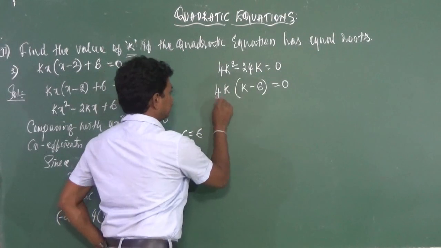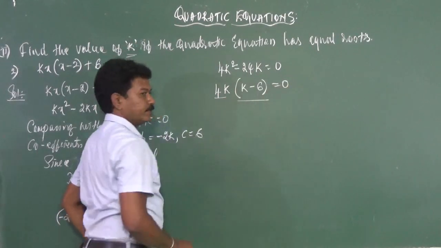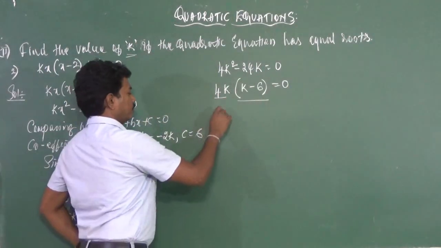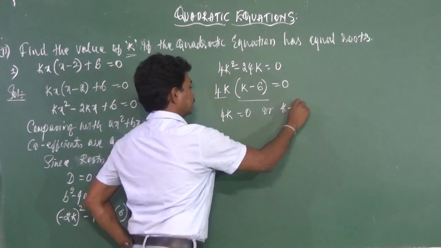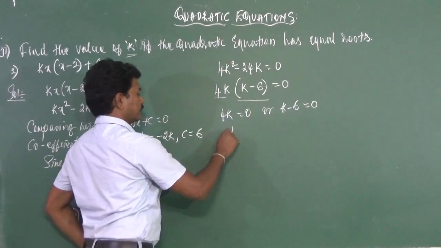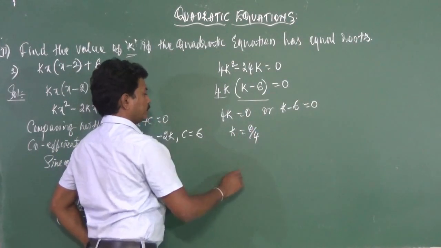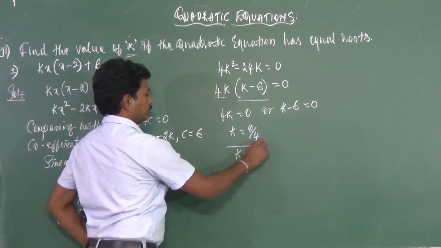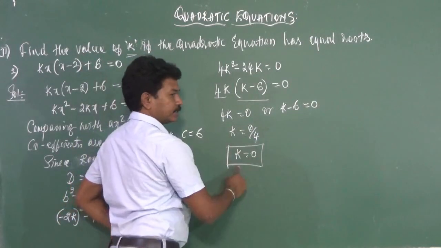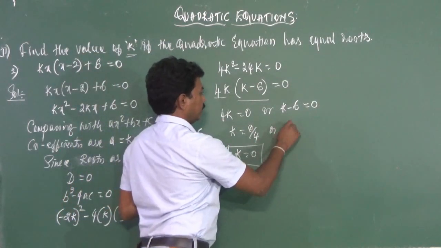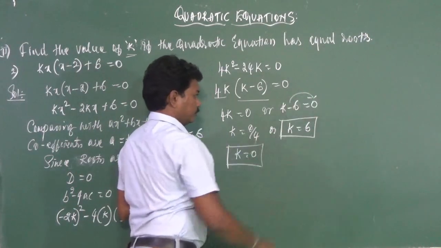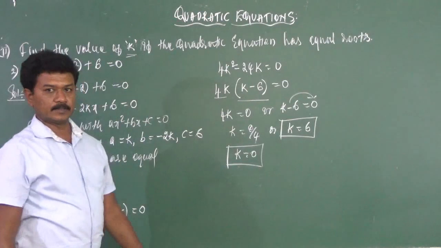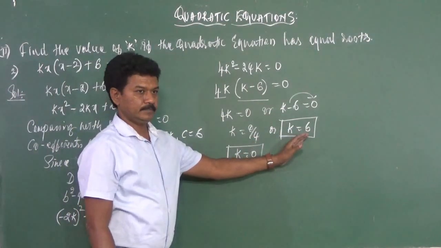Now this into this is equal to 0, therefore 4k is equal to 0 or k minus 6 is equal to 0. So k is equal to 0 by 4, which is 0, or k is equal to 6.